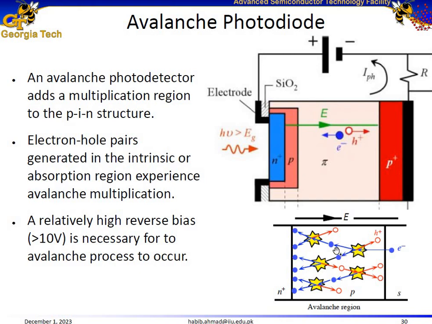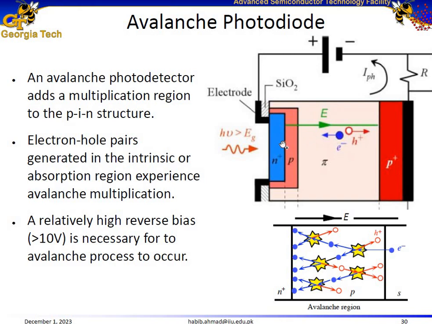So basically, when light is incident on this structure, it results in the generation of an electron hole pair. And then this electron, because of the high reverse bias voltage, moves towards the left, toward the positive terminal. The hole is attracted to move towards the right.